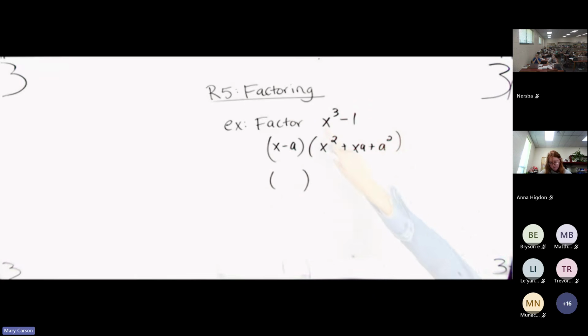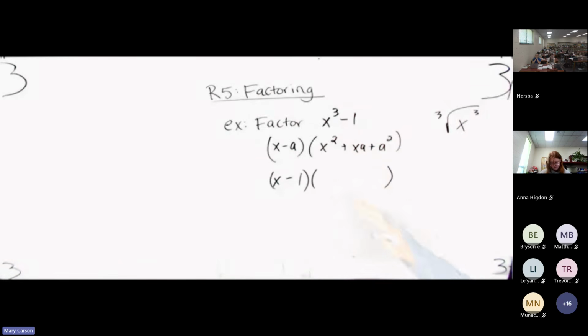What's the cube root of x cubed? If I took the cube root of x cubed, it would be x, correct? And then what's the cube root of 1? It's going to be 1. And then you put your minus sign in the front. This is for difference of cubes, and we know it's a difference because it has a minus sign here.